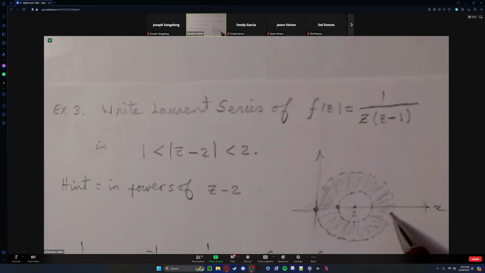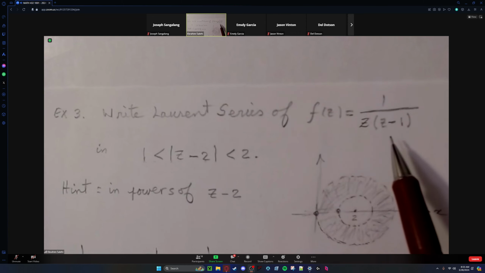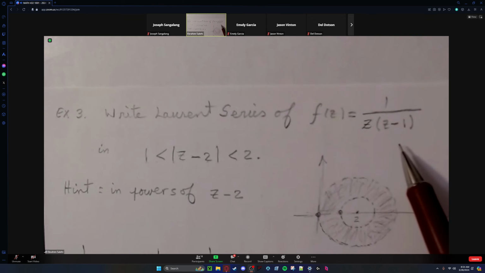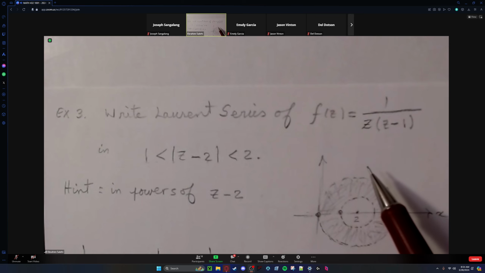And most of the time, of course, when you're dealing with functions like this, you are going to use geometric series, all right? This is going to answer your question, Del Dodson. We want to use geometric series.